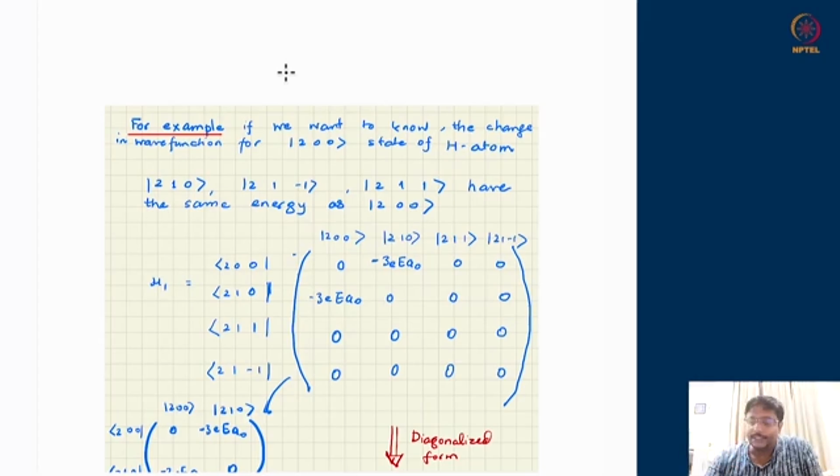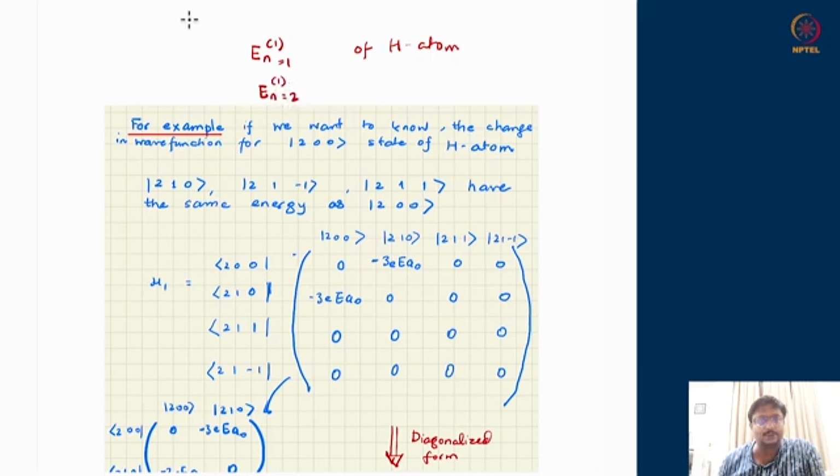For example, in the last discussion session, we computed the first order correction, let us say En1, for n equal to 1 of the hydrogen atom. That is what we computed. Suppose I want to know En for n equal to 2, the first order correction.